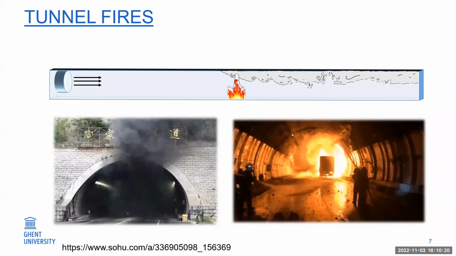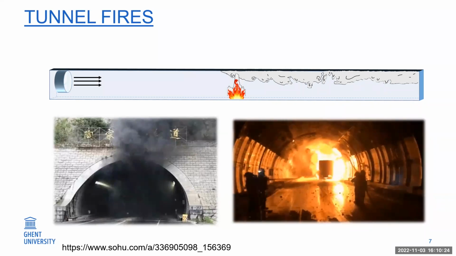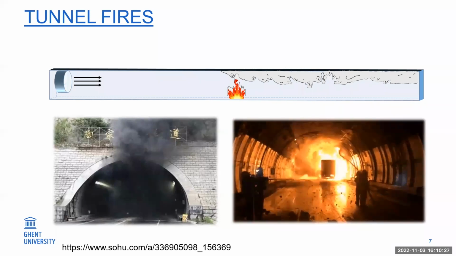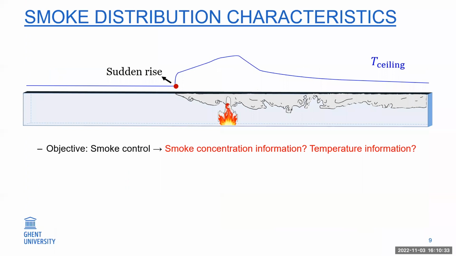So much information. So these correlations are not suitable for real fire scenarios. So in my study, we want to design a novel ventilation system that can adjust the ventilation volume or the ventilation velocity according to the information obtained in the tunnel.